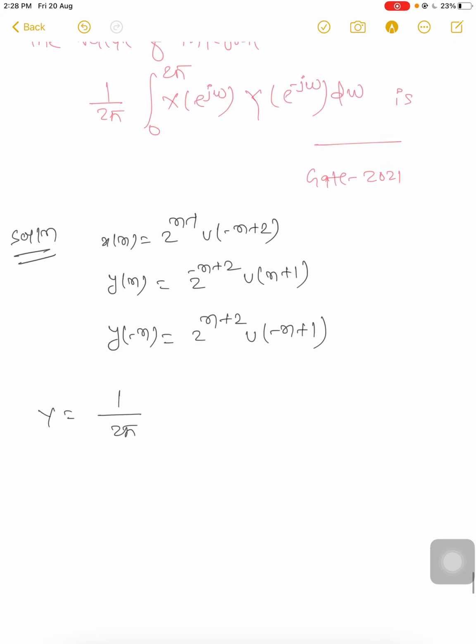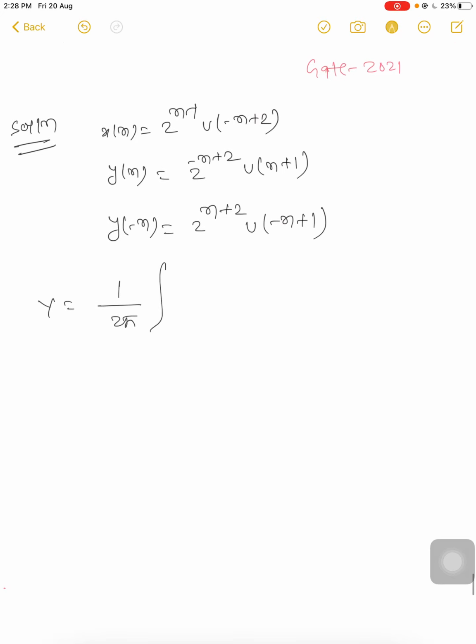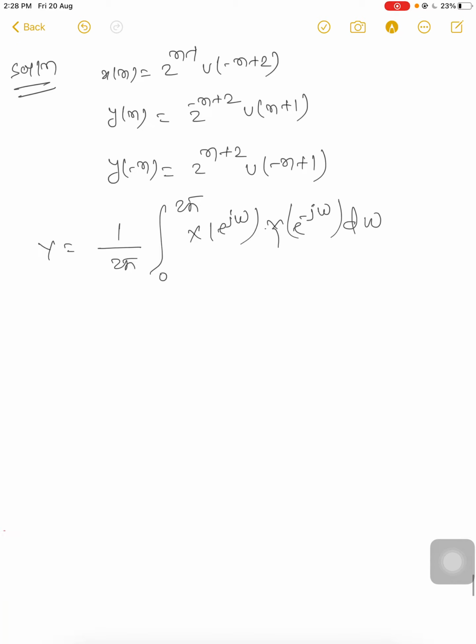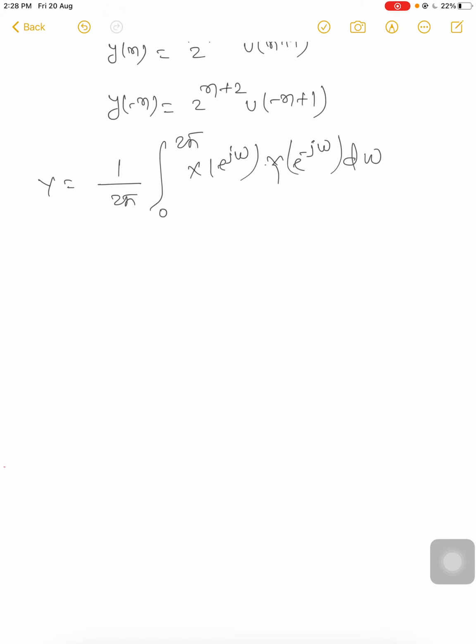So v is given as 1 by 2π, the integral from 0 to 2π of X(e^(jω)) Y(e^(-jω)) dω. So we have to find out the value of v.